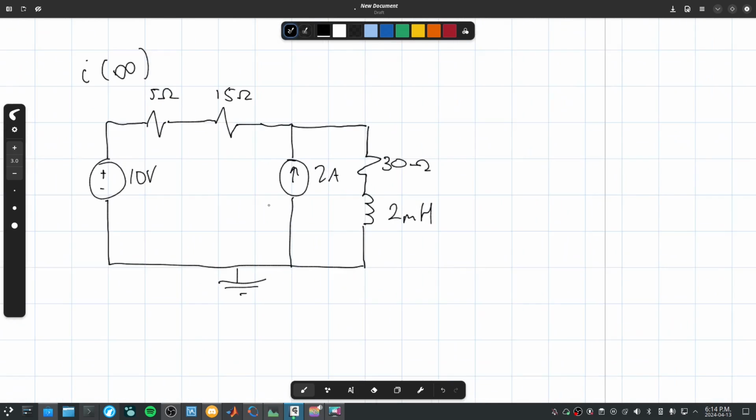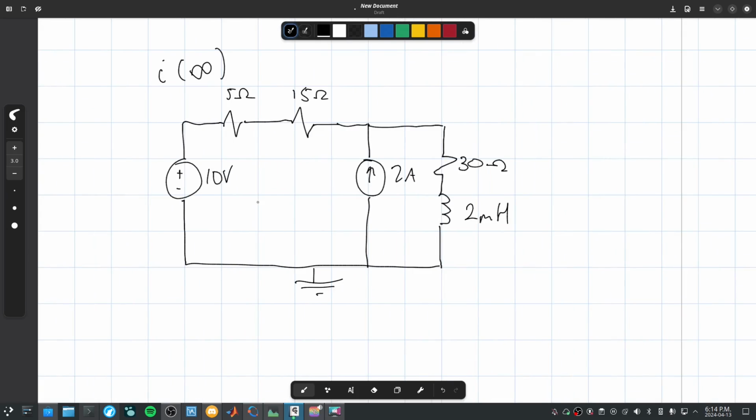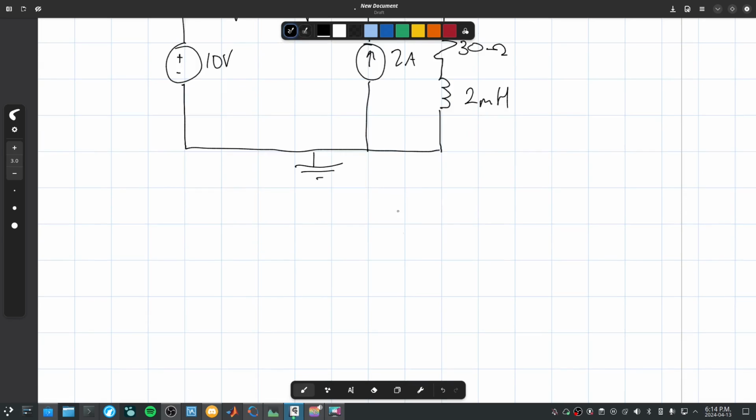So as the question asks, we need to do source transformation. If you remember, source transformation literally just follows V equals IR. The rule is that if you have a current source in parallel with some load, that turns into a voltage source with that load in series, and vice versa.